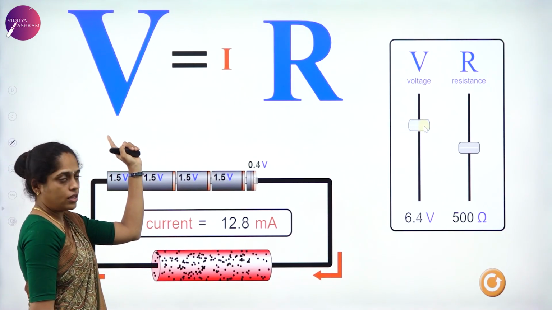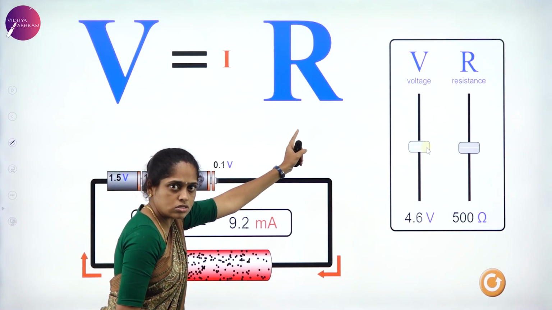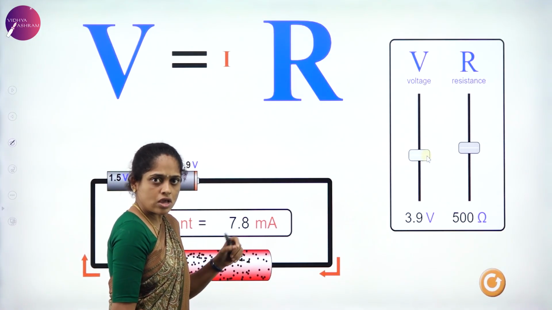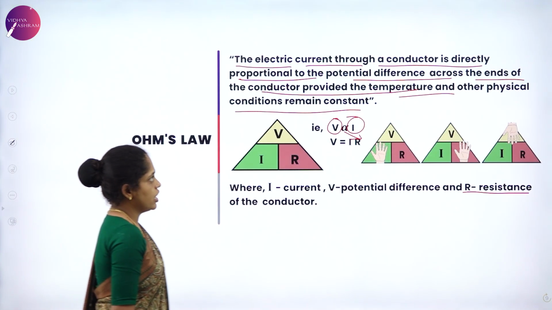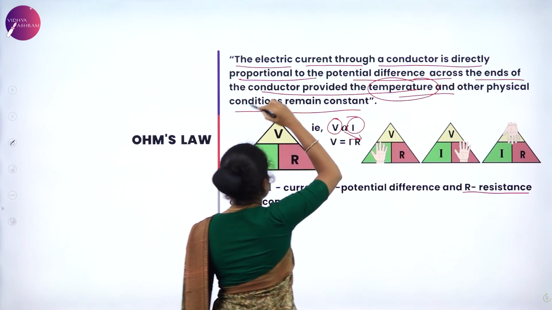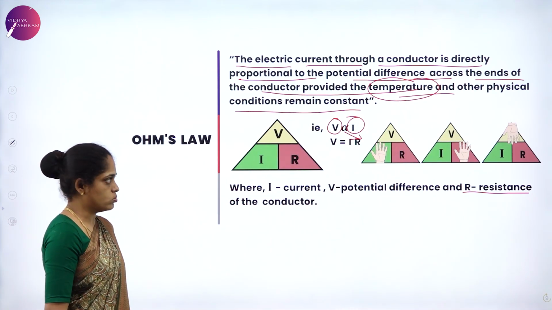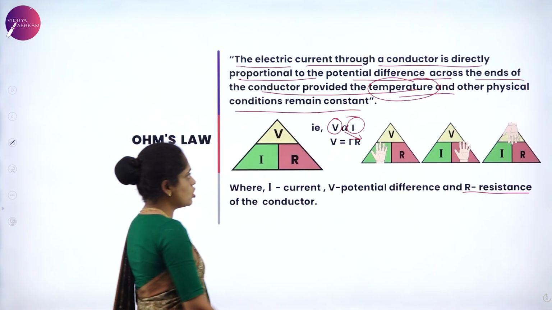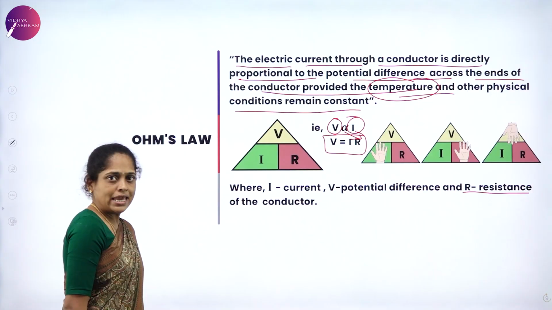For the R to be constant, you have to write the condition. The condition is that temperature and other physical conditions remain constant. So, according to Ohm's law, the equation is V is equal to IR.